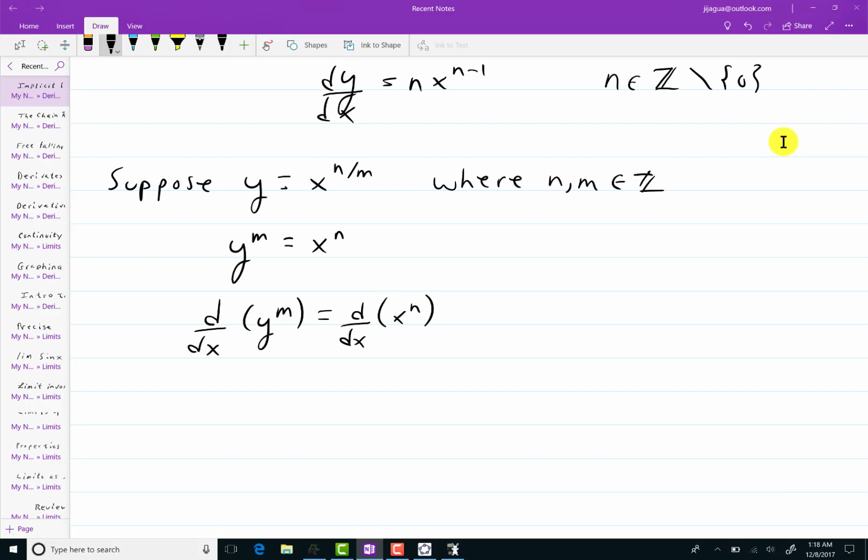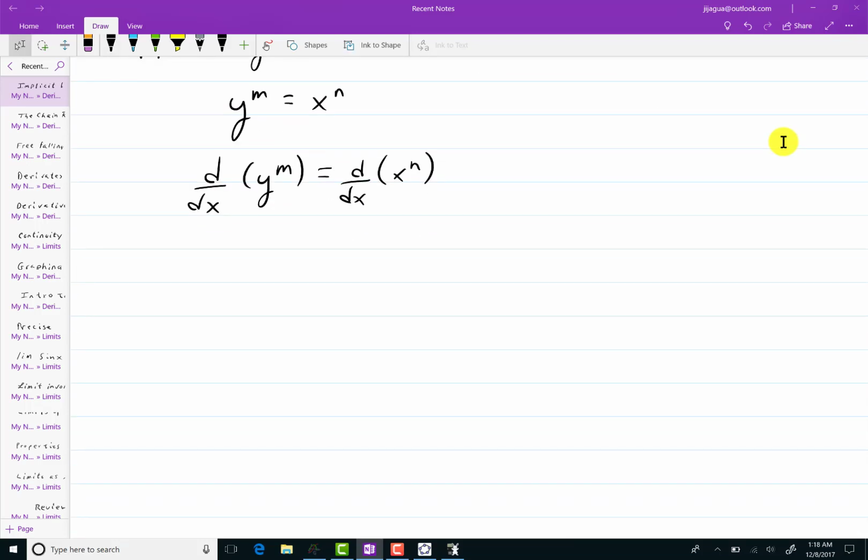Remember on the left side to use the chain rule. The outer function is to the mth power. So you have m y to the m minus 1 because m is an integer. But don't forget to multiply by the y prime, that is the inner function. That equals nx to the n minus 1. Now what I'm going to do is solve for y prime. So I'm going to divide by all this other stuff.